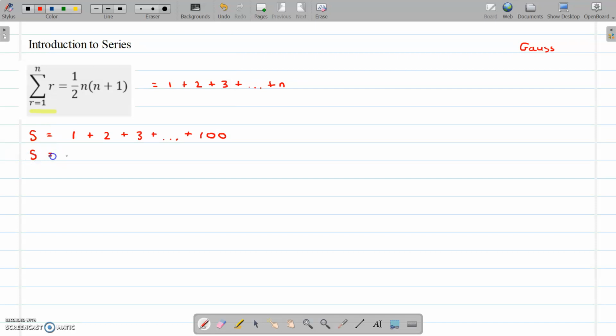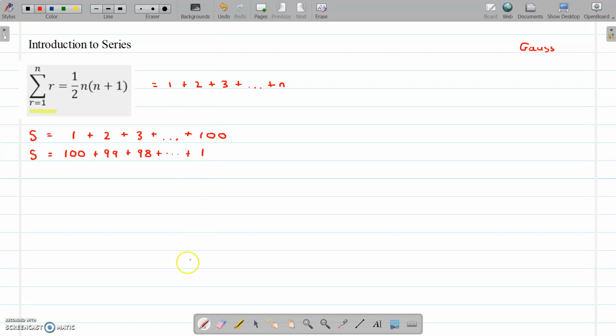Because of course it would be exactly the same as if you did this: 100 plus 99 plus 98 and so on until you got back to 1. So in other words, you've got the same series written in reverse underneath the original one.